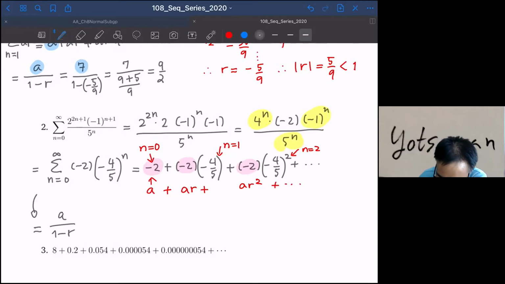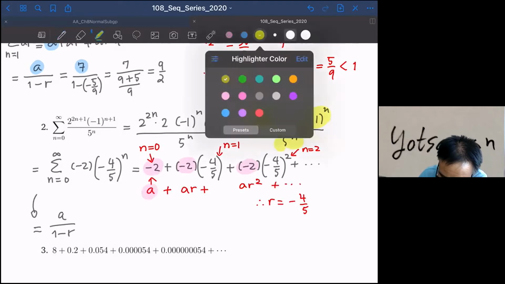And R in this case is equal to negative 4/5, and you have A equal to negative 2.